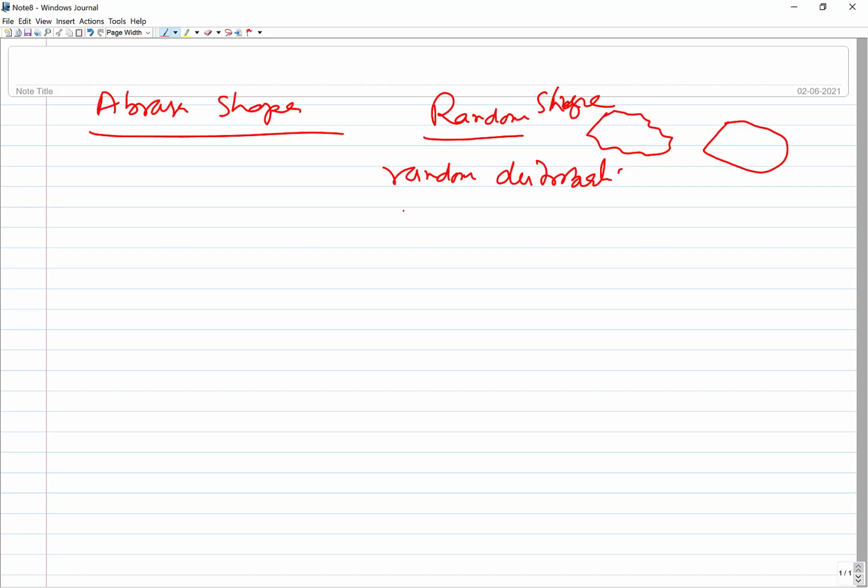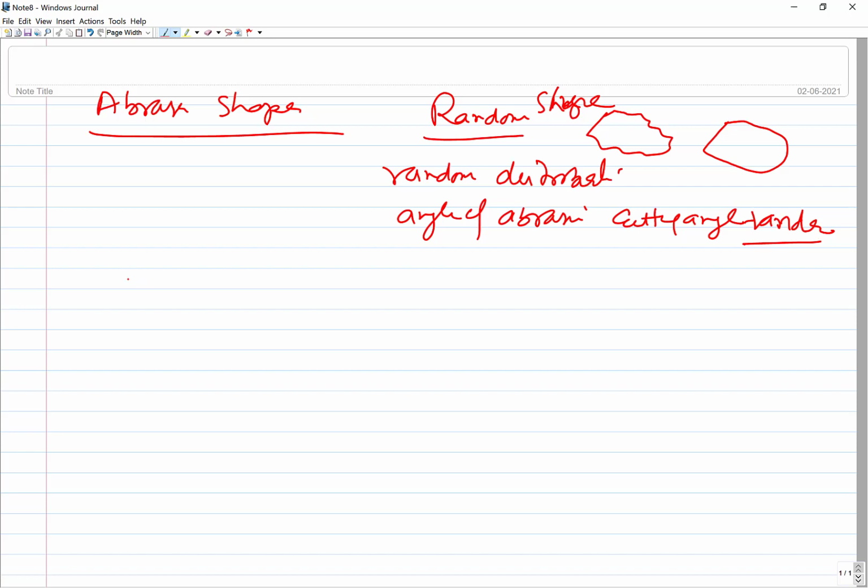Similarly, the angle of the abrasives which will be doing the cutting, the cutting angle, is also random, so a lot of randomness exists. The shape is random, distribution is random, and the orientation of the cutting edges is also random.